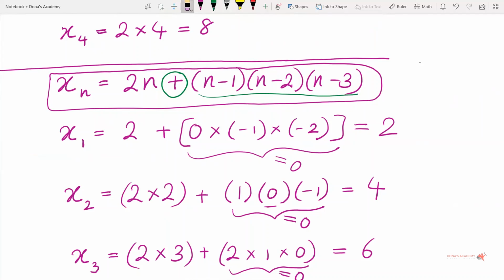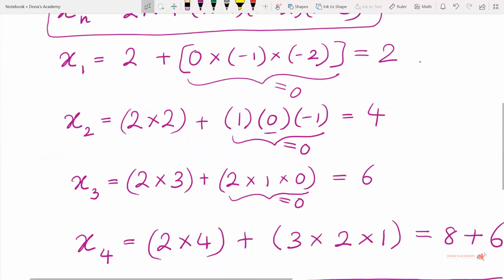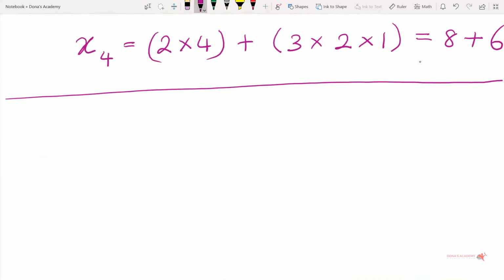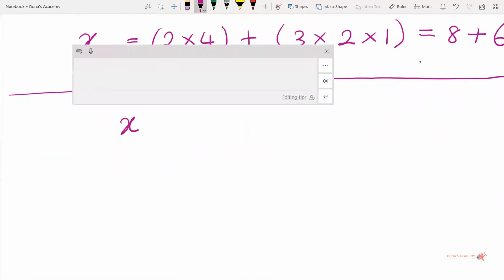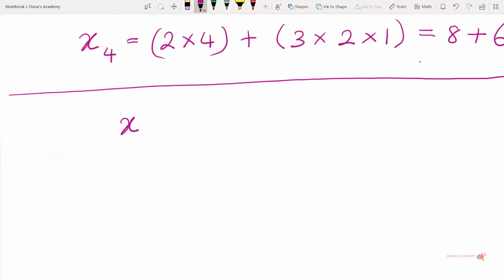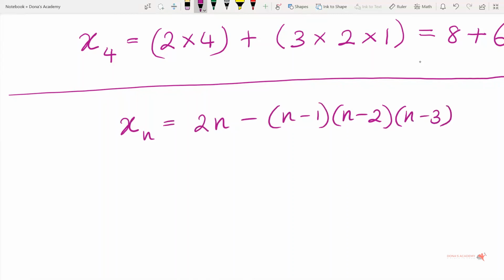So anyway, let's calculate. Now my xn is 2n minus the same term. Let's calculate x1.